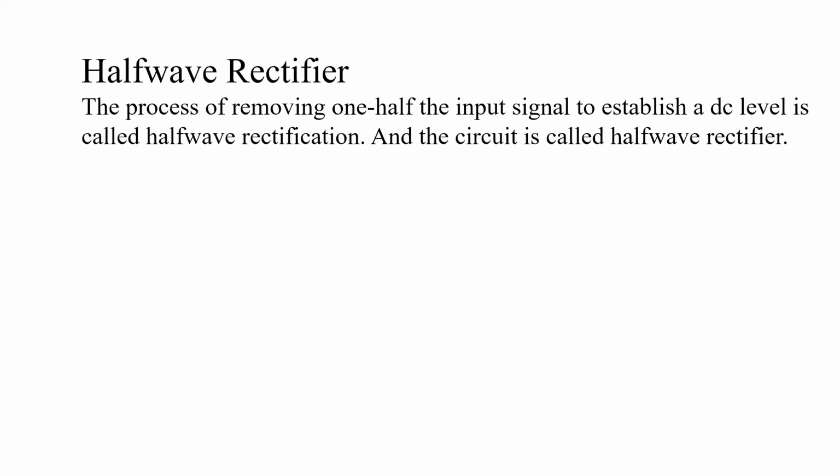So if you remove one half, either the positive half or the negative half, from the input signal to make it DC, that is called half-wave rectification, and the circuit that does this is called a rectifier.